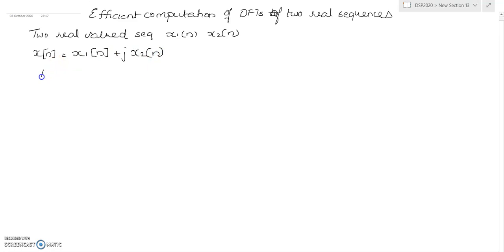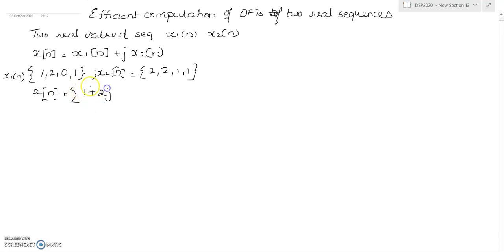So if we have the sequence 1 2 0 1, which is x1 of n, and another sequence x2 of n equal to 2 2 1 1, what we ultimately do here is create x of n, which will have four components as follows: 1 plus 2j, where 1 corresponds to x1 of n and 2 corresponds to x2 of n. Then we will have 2 plus 2j.